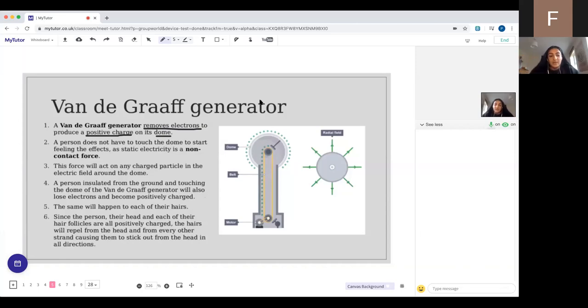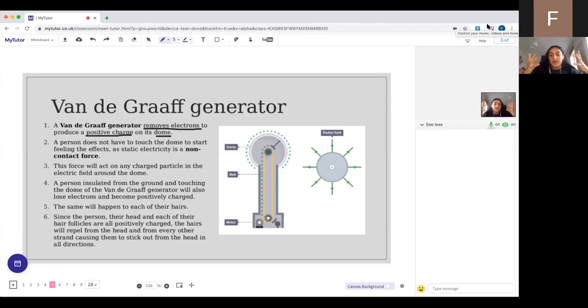Each of those hair follicles is positively charged, just like the person. The hairs repel from the head and from every other strand, causing them to stick out in lots of directions. I'll just explain that again. Their head is positively charged and their hair follicles are positively charged.